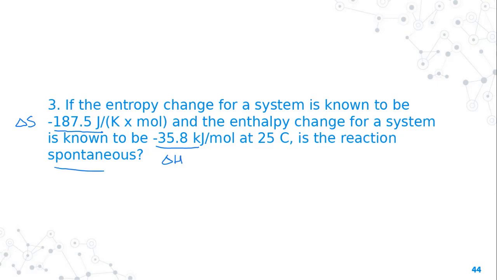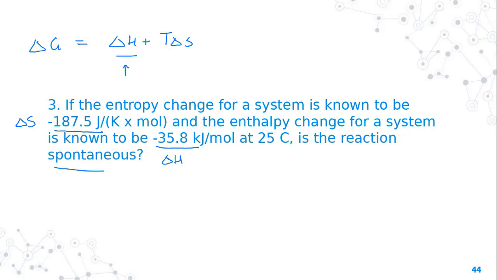So spontaneity is what we're looking for. Let's write out the equation. So delta G is going to be delta H plus T delta S. Let's see what we can plug in here.